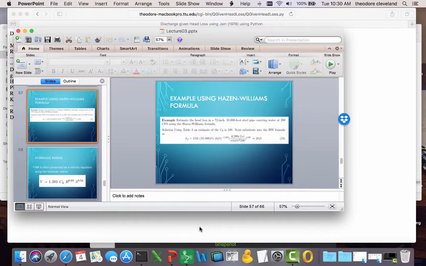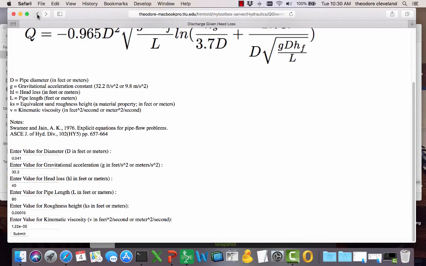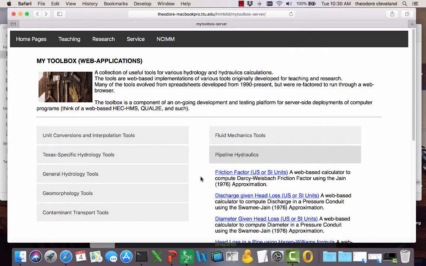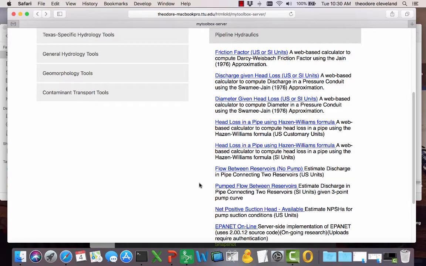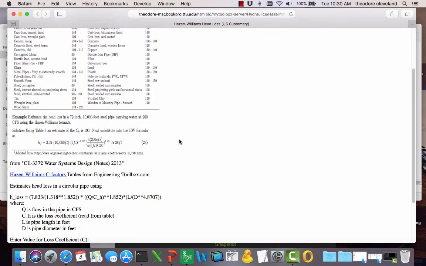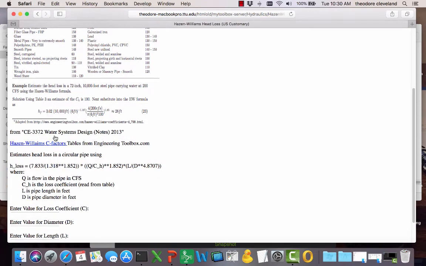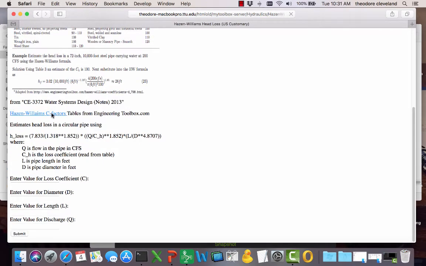Alternatively, we can see if there's something in the online toolkit. Head loss in a pipe using Hazen-Williams US customary. Here's the 3.02, and there's a table of C factors if you need them. Loss coefficient for that example was 100.